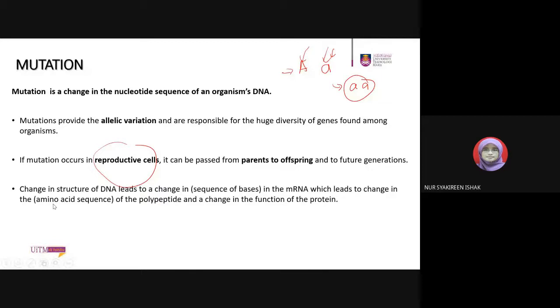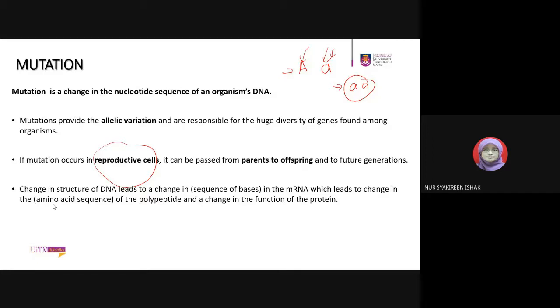Okay, so change in the structure of DNA leads to changes in the sequence of bases in the mRNA, which leads to the change in amino acid sequence of the polypeptide and change in the function of the protein. So bila awak tukar sequence pada DNA, obviously lah sequence pada mRNA pun akan berbeza. So when you have a different sequence on the mRNA, obviously you will produce a different sequence of amino acids of the proteins.